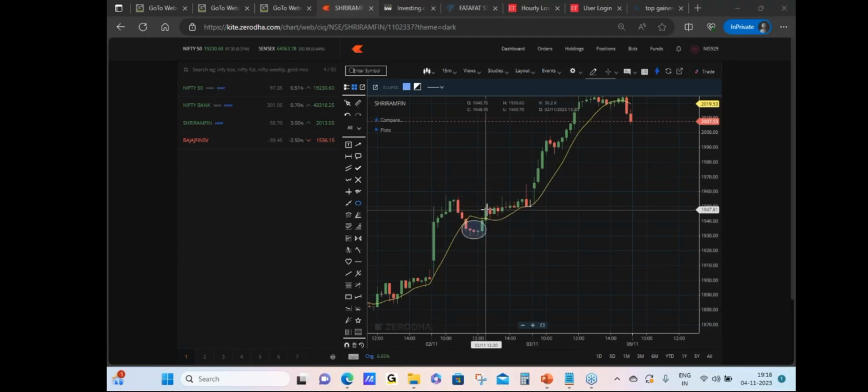Don't you think this is the candle which closed above 10 SMA, with the body of the green candle closing above 10 SMA? This is the first candle which closed above 10 SMA, because previously all candles were below 10 SMA.